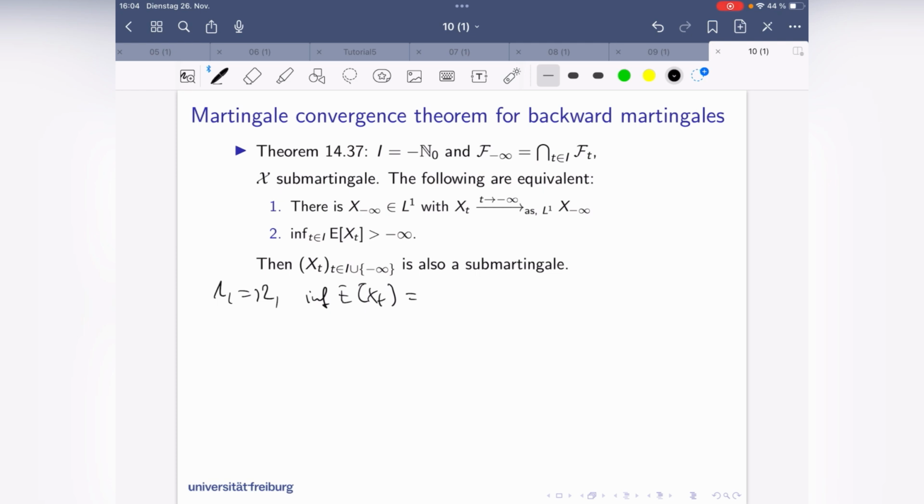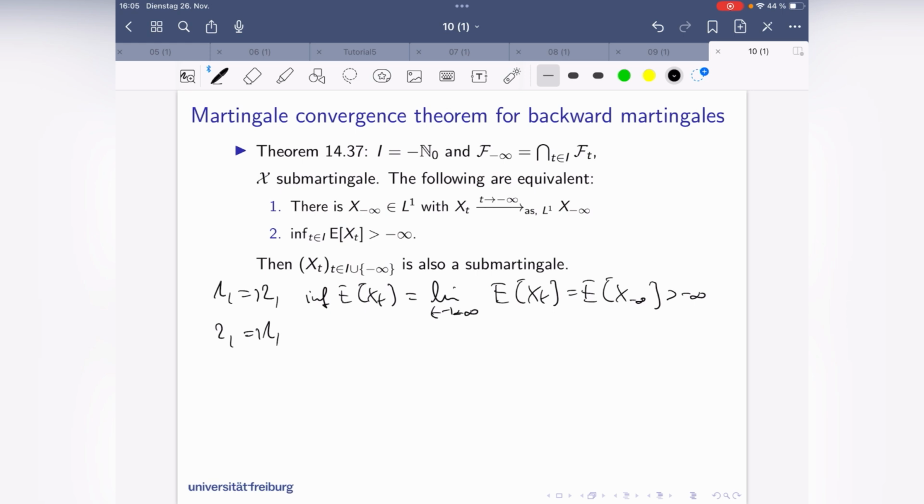It's a submartingale, but the time is in the negative numbers, which means if t goes to minus infinity, the expectation becomes smaller. But I have L1 convergence, which means that here must be the expectation of x minus infinity, which must be bigger than minus infinity, because otherwise the L1 convergence would not hold. So that's the easy part. And the other part is the interesting bit.